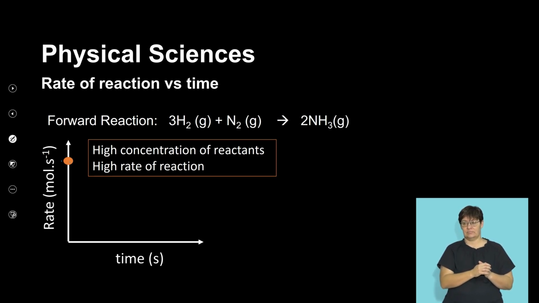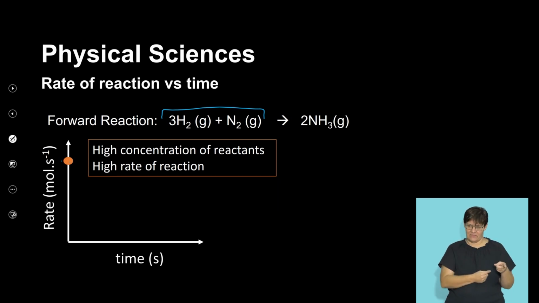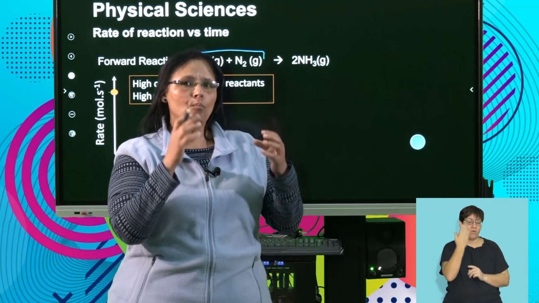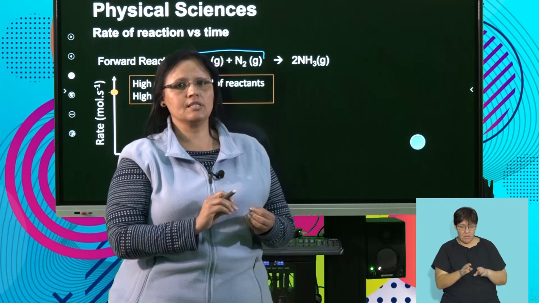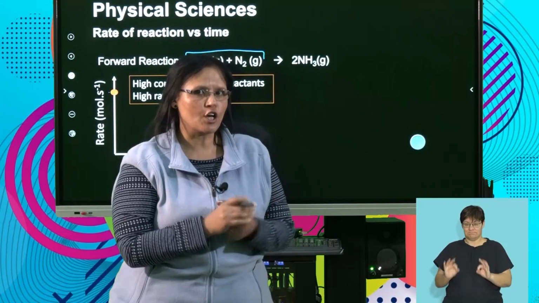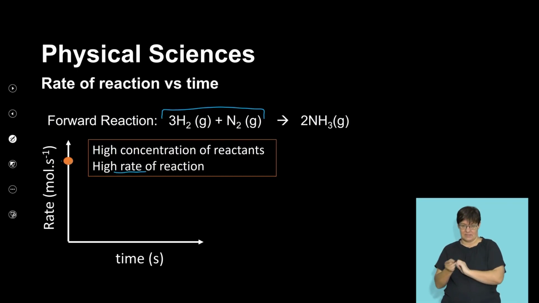So for the forward reaction, we had loads of this, and because we had loads of it, we had a high rate of reaction because there were lots of particles that could collide. And remember what we said, the more collisions there are per unit time, the higher the likelihood of effective collisions, and that leads to a high rate of reaction.